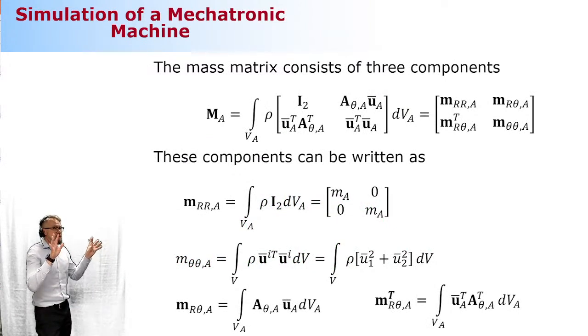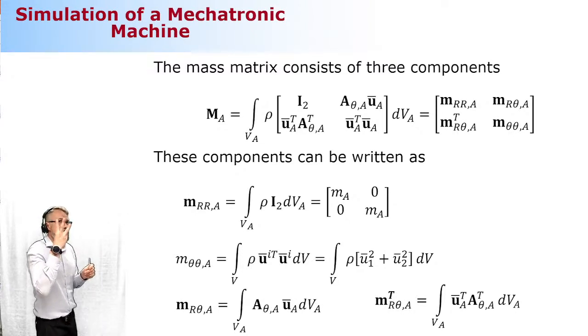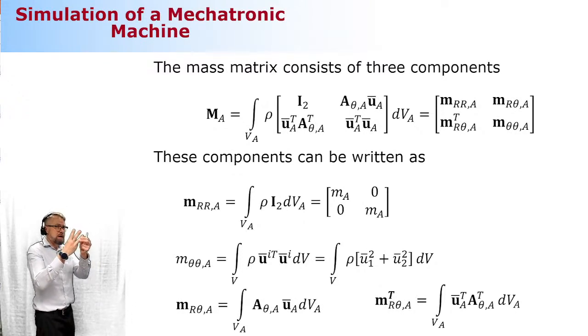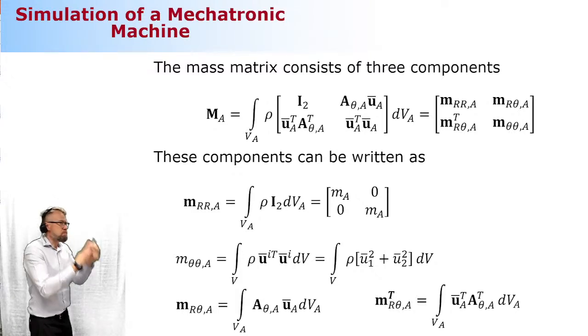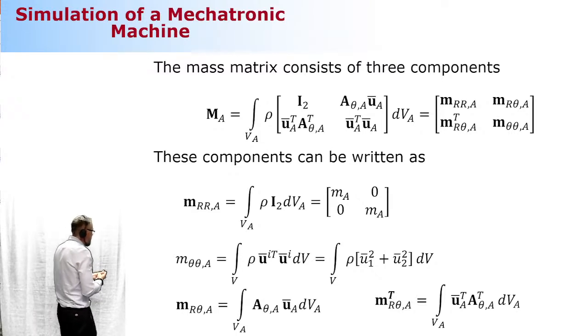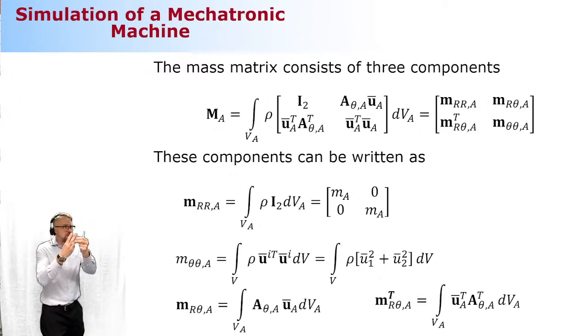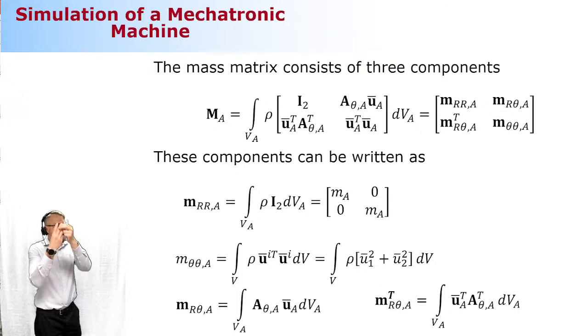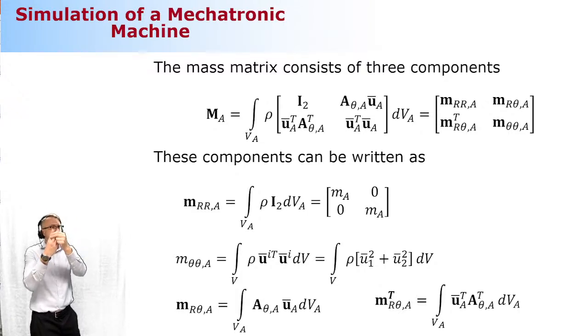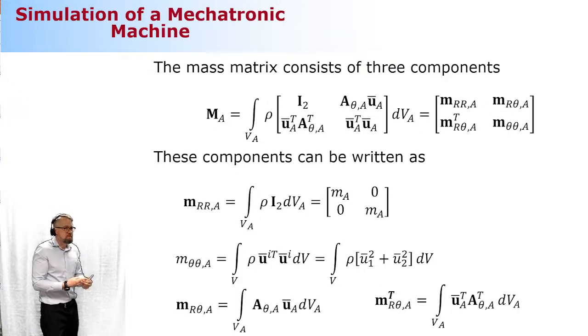This is the mass matrix associated to my generalized coordinates. So each body has a 3 by 3 mass matrix, and it is associated to Rx, Ry, and angle theta. Or more correctly, the acceleration of Rx, the acceleration of Ry, and the angular acceleration.